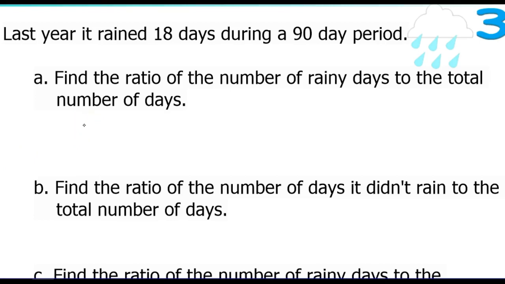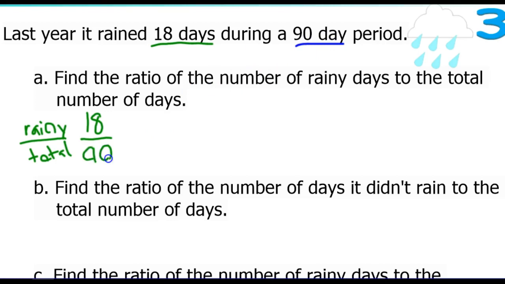Alright, so now we're going to practice writing ratios again. It says, last year it rained 18 days during a 90-day period. Find the ratio of the number of rainy days to the total number of days. Well, we said that it rained 18 days. That's how many rainy days, over the total days. 18 days over a 90-day period, so our 90 days is our total.